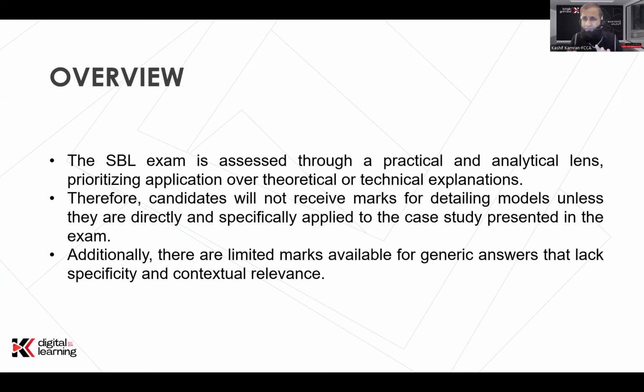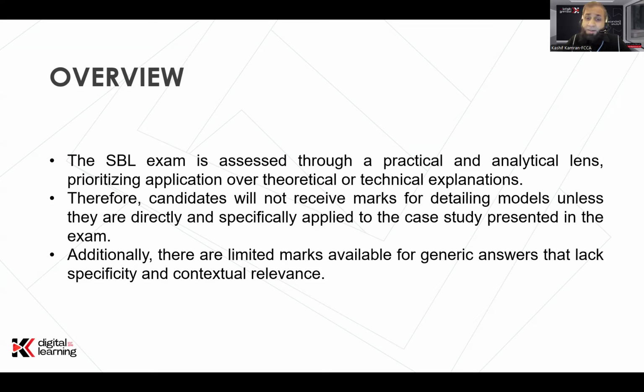That's very good. But not in every requirement of SBL can you forcefully apply a model or unnecessarily detail a model, explain a model which is useless, because you need to understand the requirement. Is the requirement specifically asking for a model or not? And I'll be showing you examples. So please ensure you focus on bullet number 2 a lot.